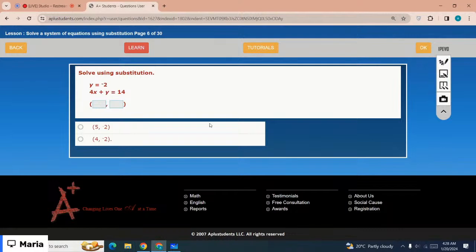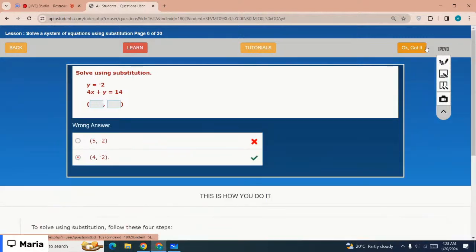That is 4 and negative 2. 14 plus 2 is 16.